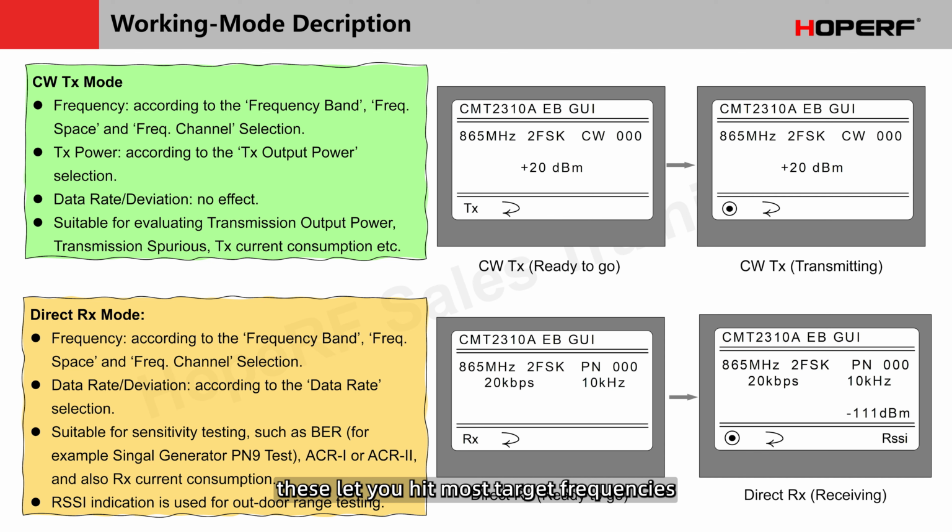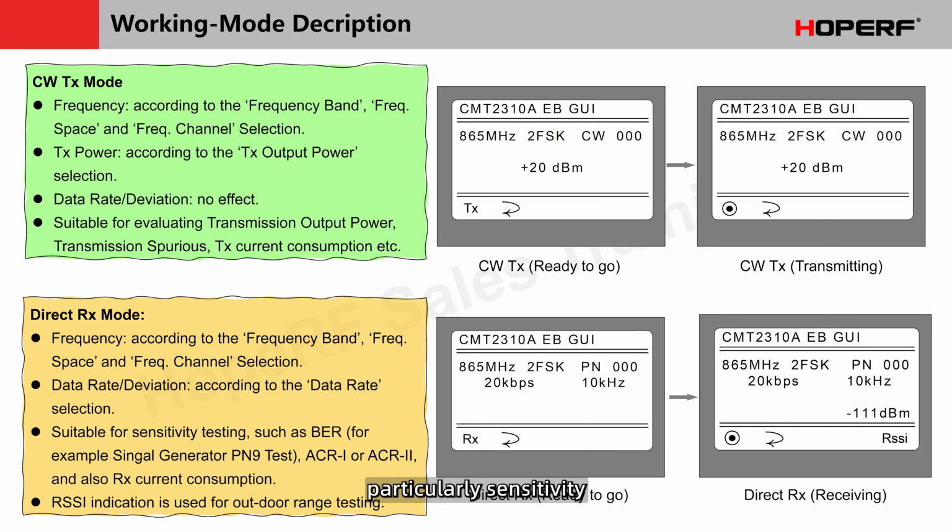Together, this lets you hit most target frequencies. You also select the desired output power. Once configured, you start the transmission. This mode lets you evaluate whether the output power meets the spec, check spurious emissions, and measure the transmit current at that power level.